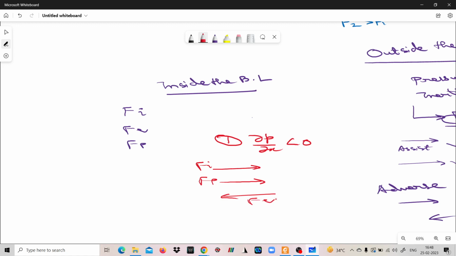Fi and Fp help in the growth of the boundary layer, and Fv tries to detach or separate the boundary layer from the solid surface. But Fi and Fp give a combined fight to the viscous stresses, and the boundary layer remains attached.